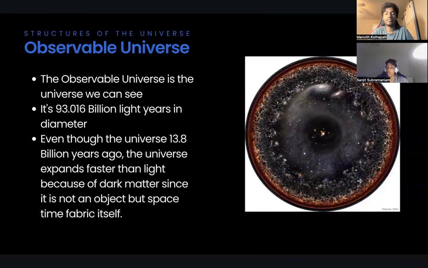The observable universe contains everything we see and is 93.016 billion light years in diameter. Even though the universe is only 13.8 billion years old, the universe expands faster than light because of dark energy, since it's not an object but the space-time fabric itself.